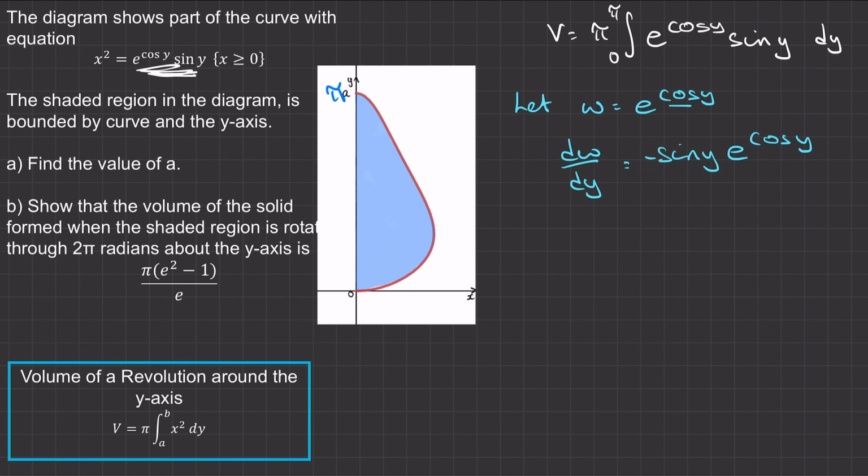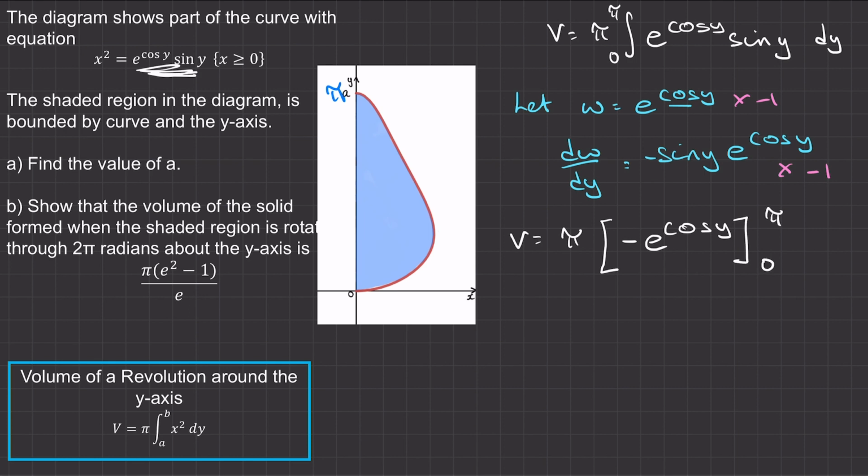So we need to multiply both sides by -1. And if we did this, then this would look exactly like the integral we're trying to find. So this tells us that this integral will be -e to the cos y. So we can say the volume is equal to pi, and then the integral of minus e to the cos y between 0 and pi.